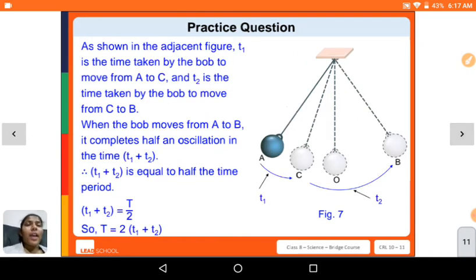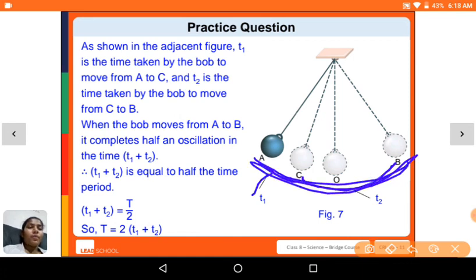Now, as shown in the adjacent figure, T1 is the time taken as given in the question: when the bob travels from A position to C position, it takes T1 time, and from C position to B position, it takes T2 time. Now, for A to B, the time taken is T1 plus T2, right?